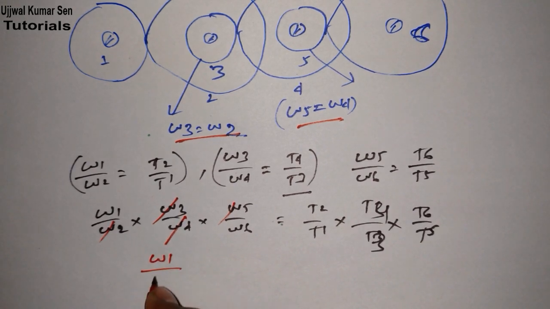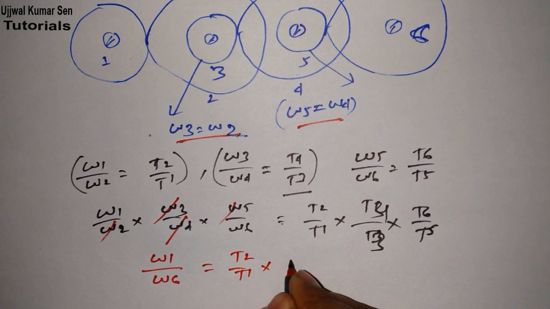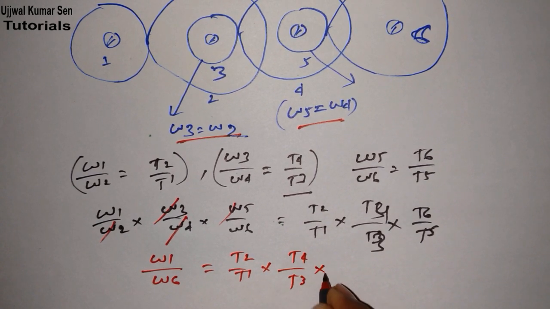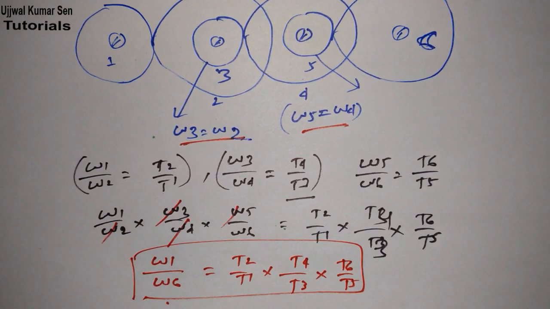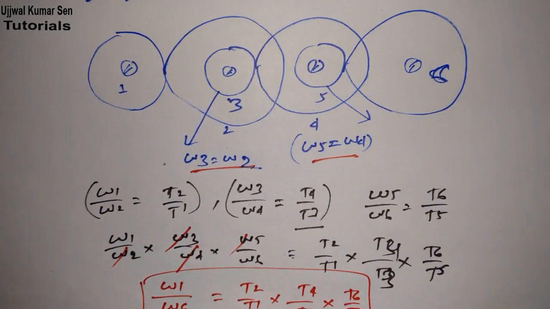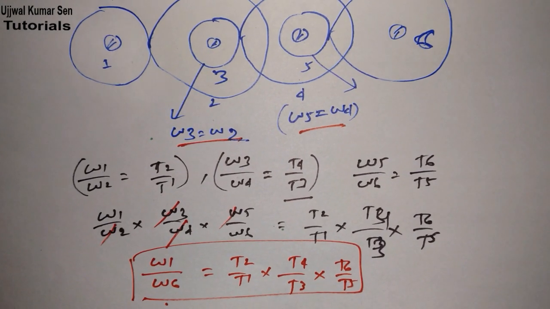So what we got basically is omega 1 by omega 6 is equal to T2 by T1 multiplied by T4 by T3 multiplied by T6 by T5. This is the relation we got in the case of a compound gear train, so don't forget that also.